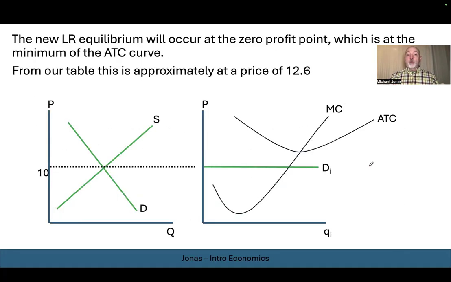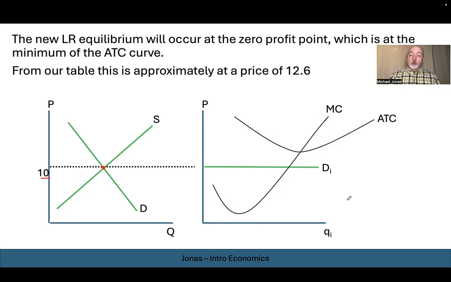So remember how we started this off was that price of $10 came from the market equilibrium, intersection of market supply and market demand, and that gave us our individual firm losing money, right? And also keep in mind that this graph here showing the marginal cost and average total cost is one of hundreds of firms, all supposedly identical. This is just our representative firm.